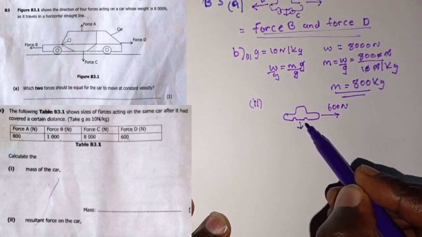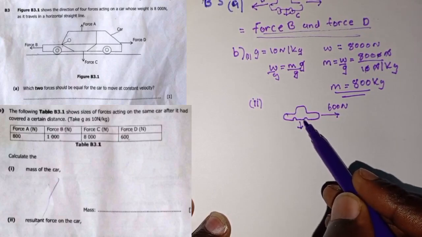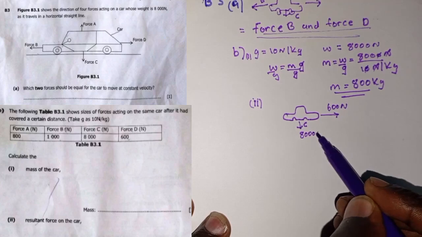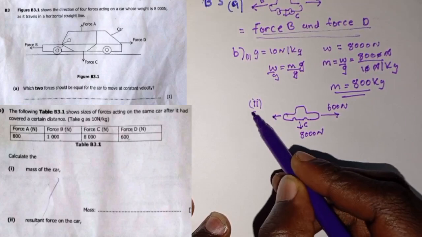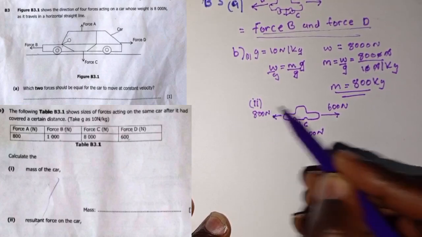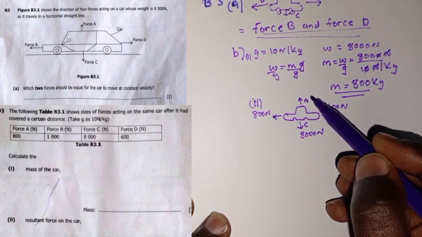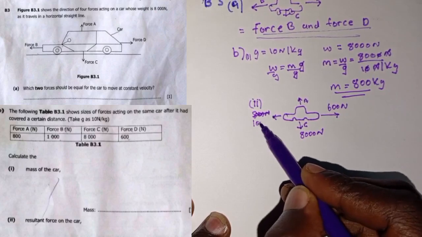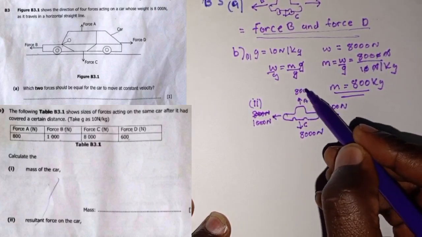The force C here is the weight, acting downwards at the center, so force C is 8,000 Newton. Force B is 1,000 Newton. Force A is 800 Newton.